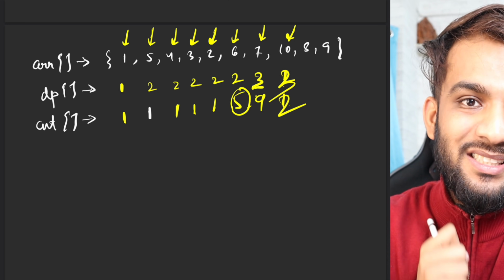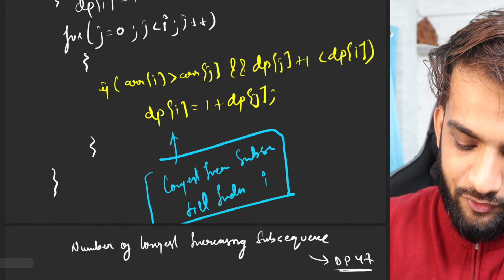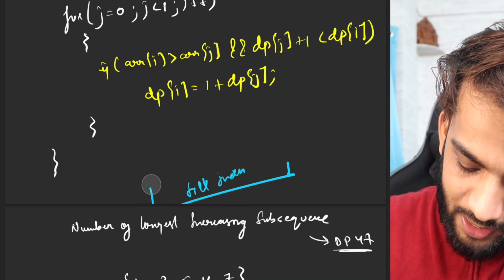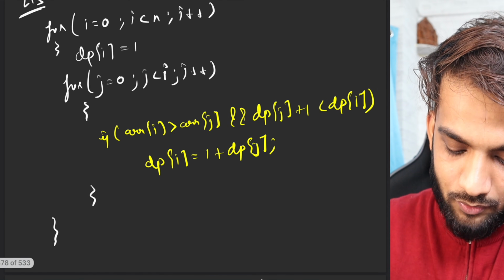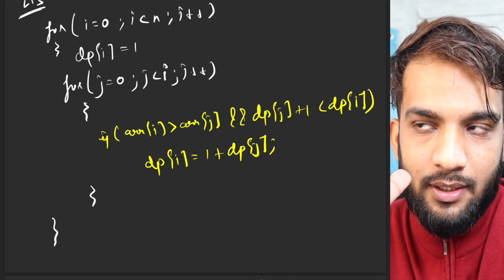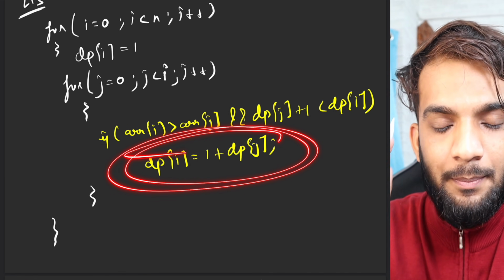So the basic stuff is very straightforward. Now, if I go back to the code, this was the code. So I'll try to say what we are specifically doing. As of now, I was just updating the DP, right?